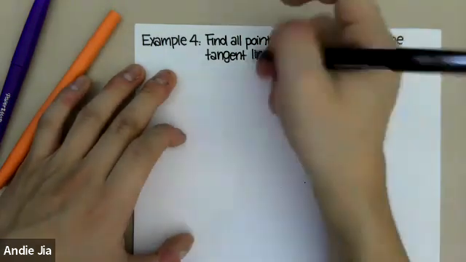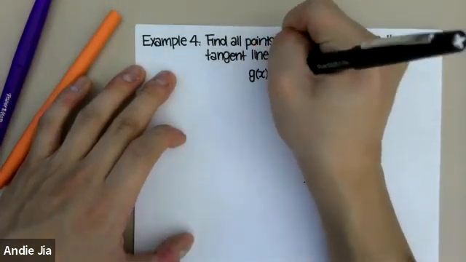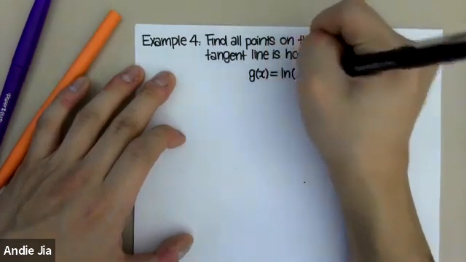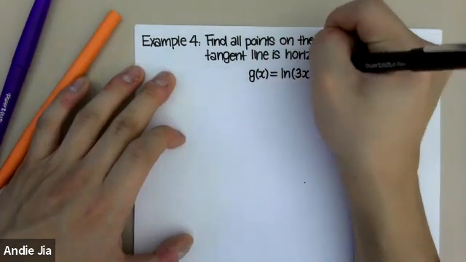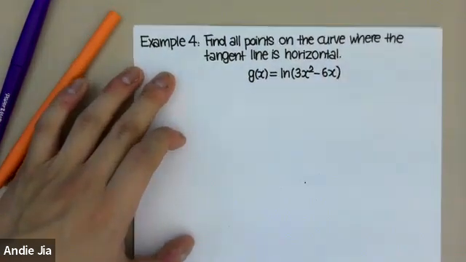So g of x equals natural log of 3x squared minus 6x.